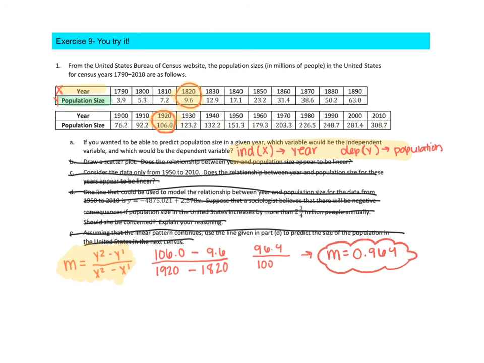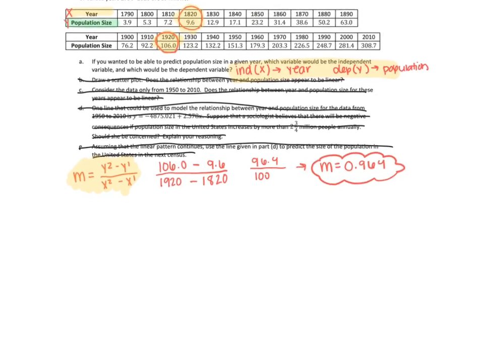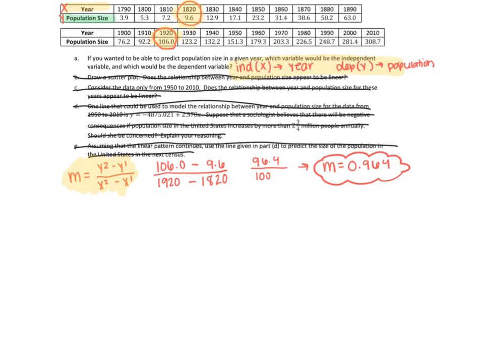From there, what I'm going to have you do next is find your B value. Okay? So I want you to rewrite your equation format y equals mx plus b. And I'm going to walk you through this. The first thing we're going to do is change our m to what we actually found m is, 0.964. So it becomes y equals 0.964 times x plus b. Okay?